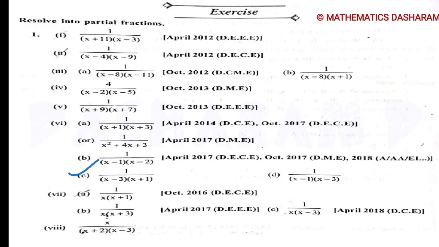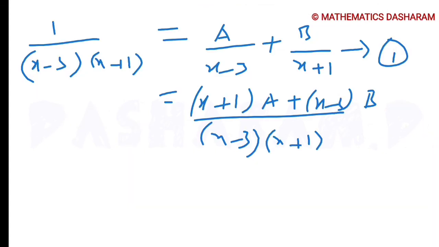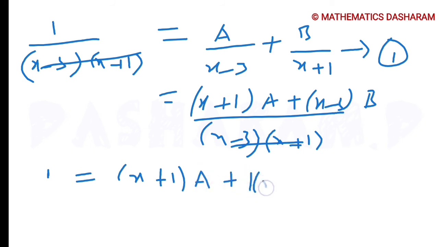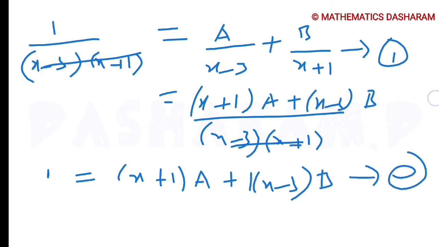Next, c question, 1 divided by (x - 3) into (x + 1). So here the denominator has non-repeated linear factors. So here is equation 1, next take the LCM. So finally your denominators are cancelled, then equate the numerators. 1 equals (x + 1) into a plus (x - 3) into b, equation 2.